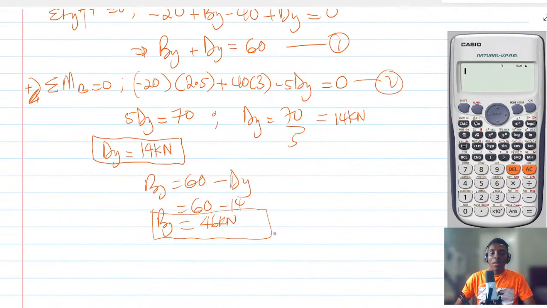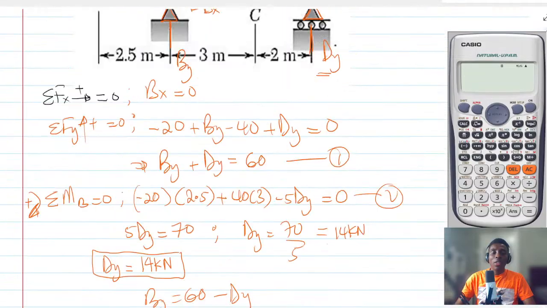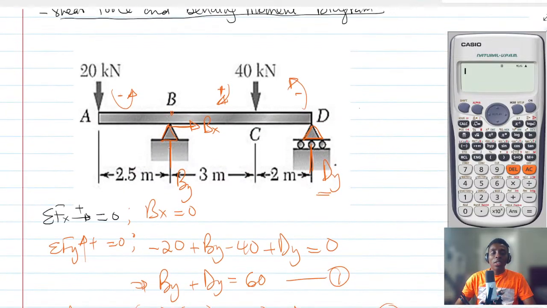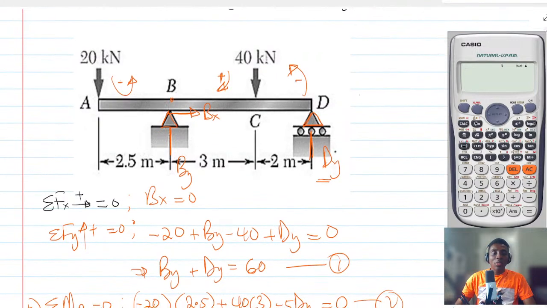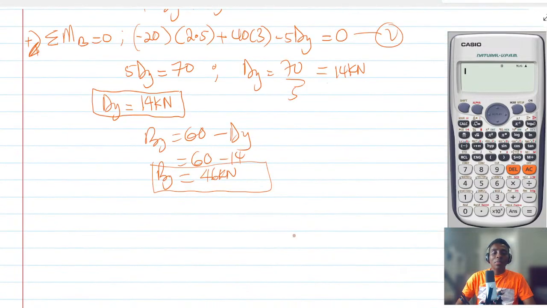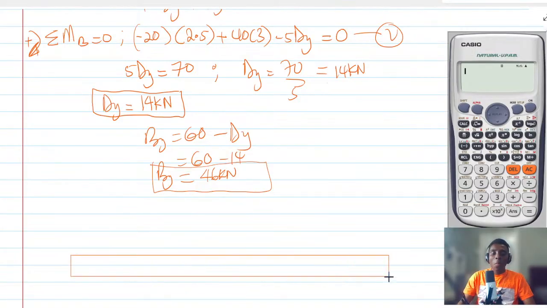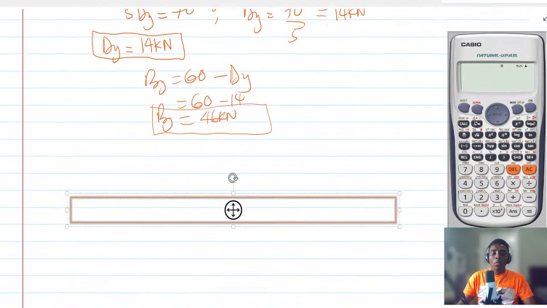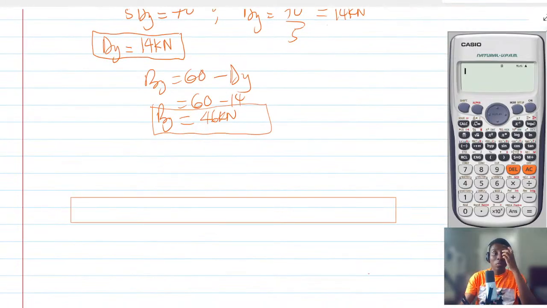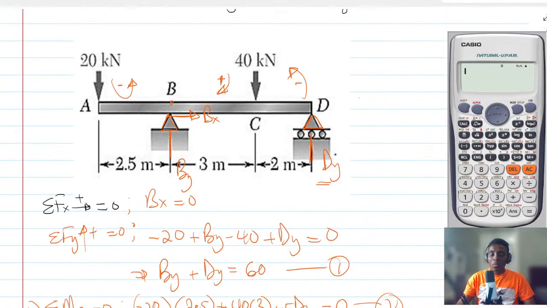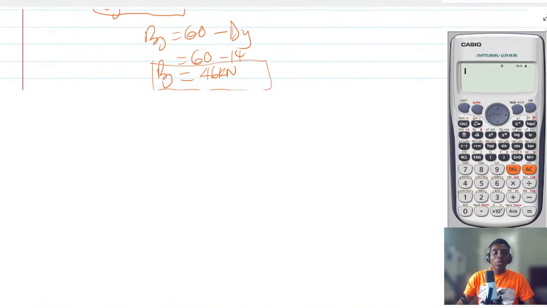So now from here, what you have to do is draw it again, but this time around, you indicate all the reaction forces. So it's going to be something like this. You draw the whole beam again. So now we have 20 kilonewtons.